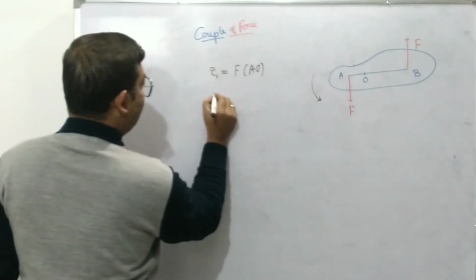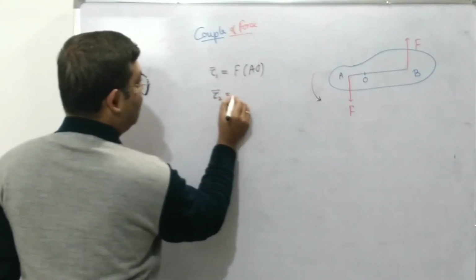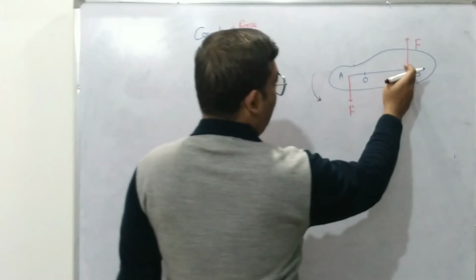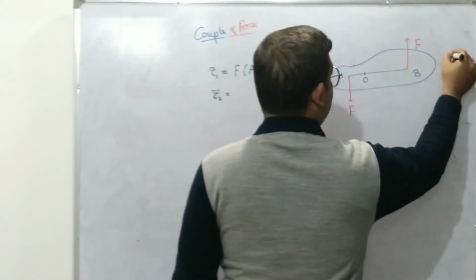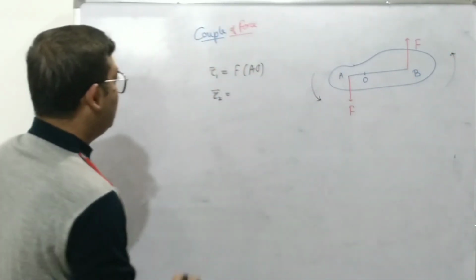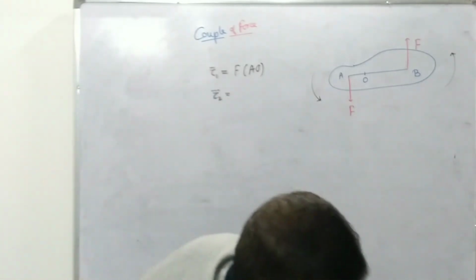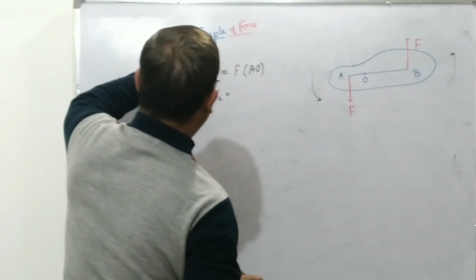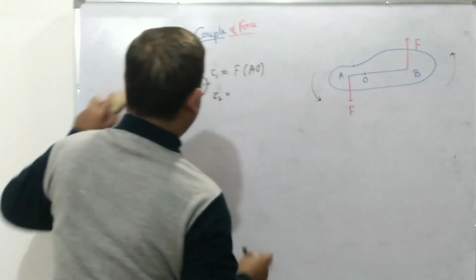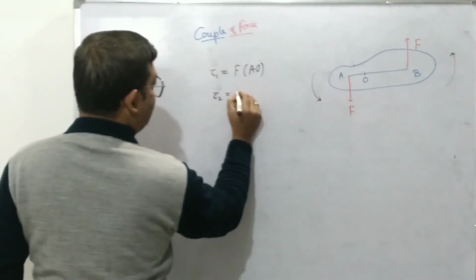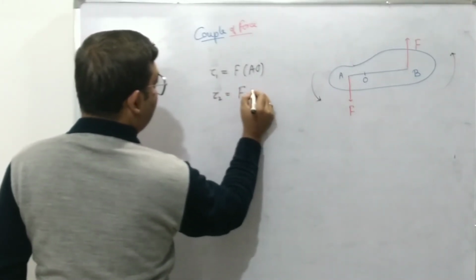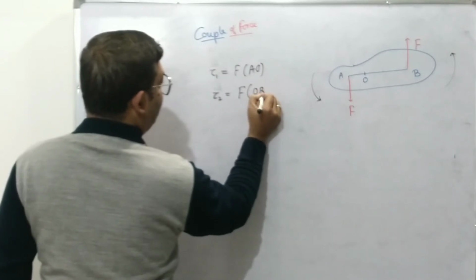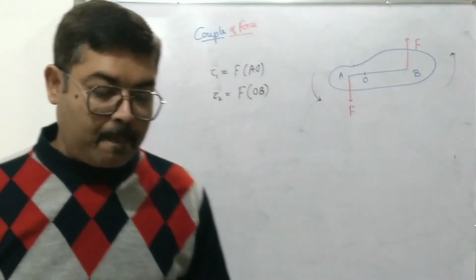Similarly, for the second force F applied at point B, it wants to rotate the object in this direction. We are taking magnitudes here, not vectors. So this will also be F into OB.